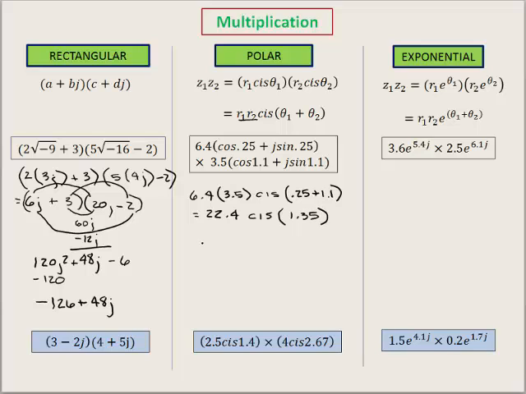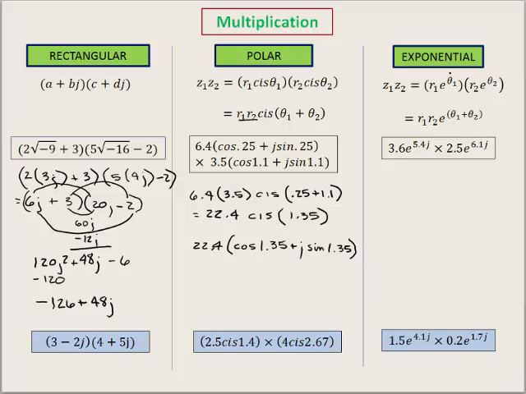So I can write that in the original format, 22.4, where'd my point go? There it is. Cosine 1.35 plus J sine 1.35. All right, that's our second example with multiplying two polar complex numbers.